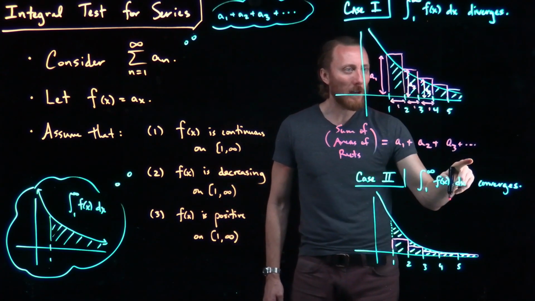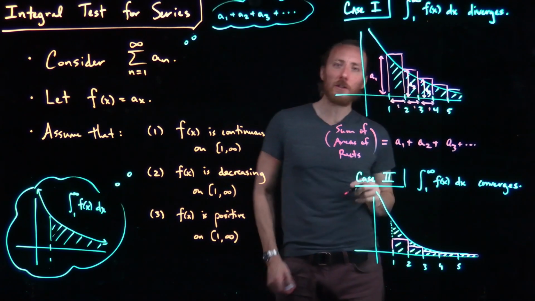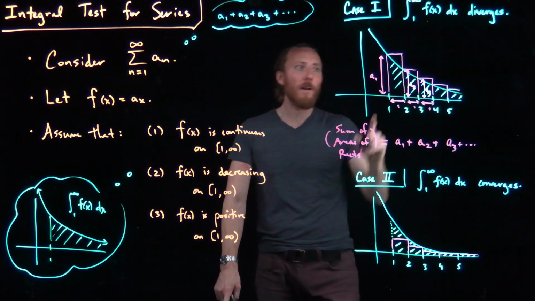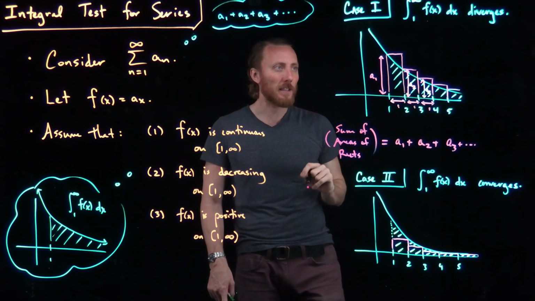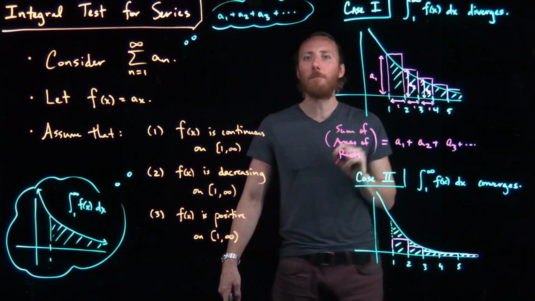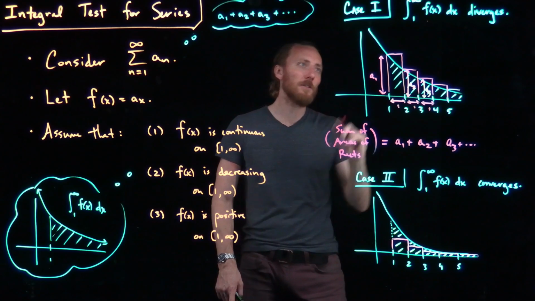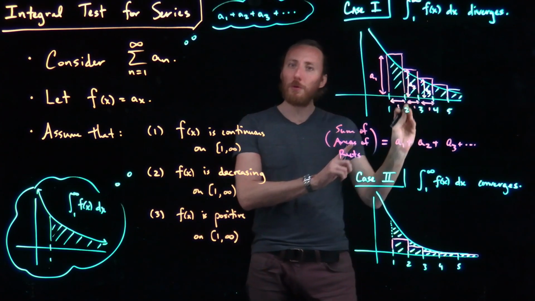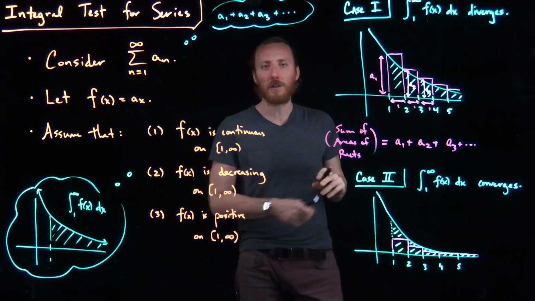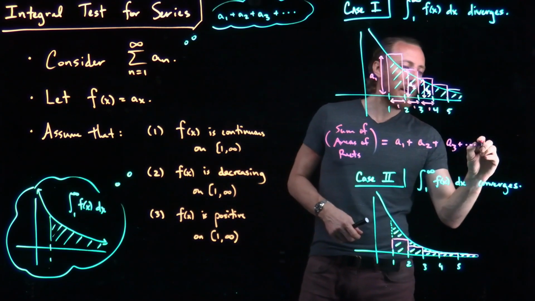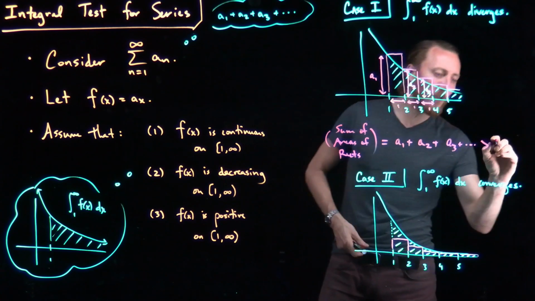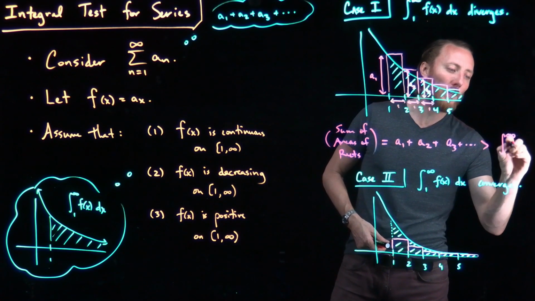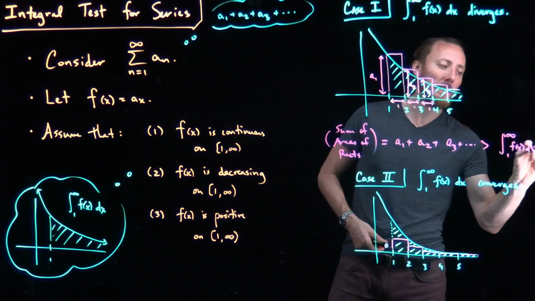But that area, the sum of the areas of those rectangles, is more than the area that's under the function's graph. Because our function is decreasing, because we chose left endpoints here, each of these rectangles protrude beyond the height of the function. And so the sum of a1, a2, a3, and so on is going to be bigger than the integral from 1 to infinity of f of x dx.